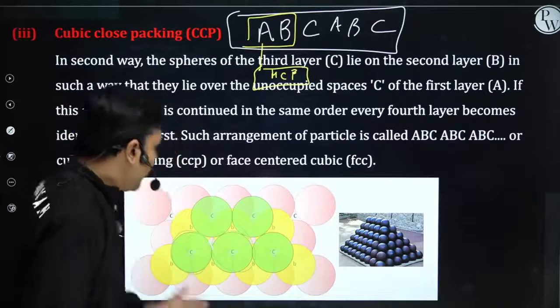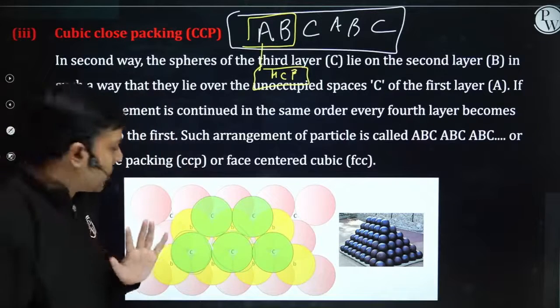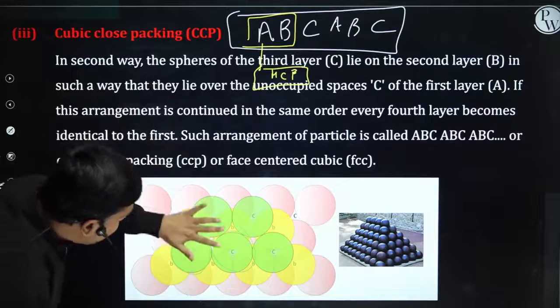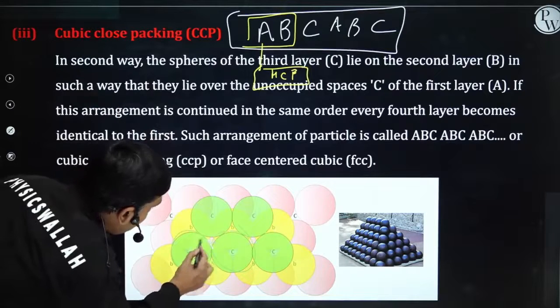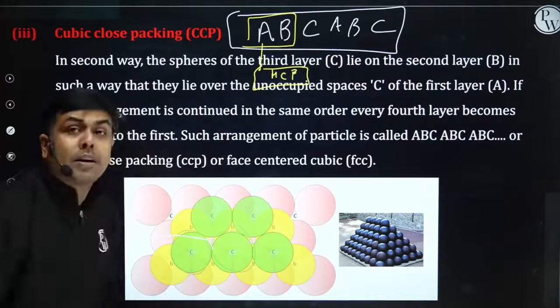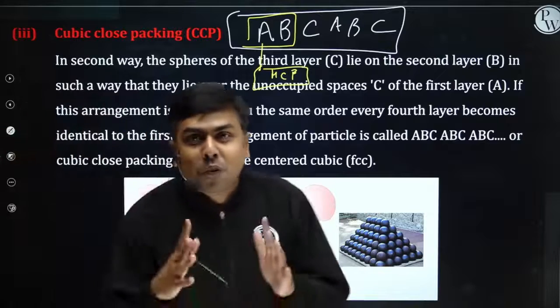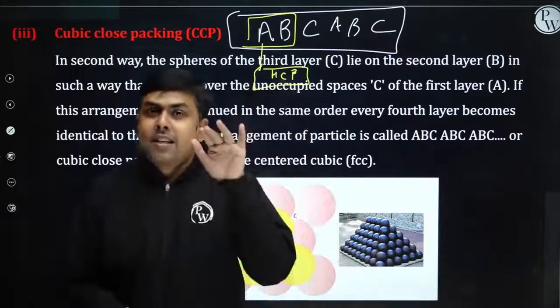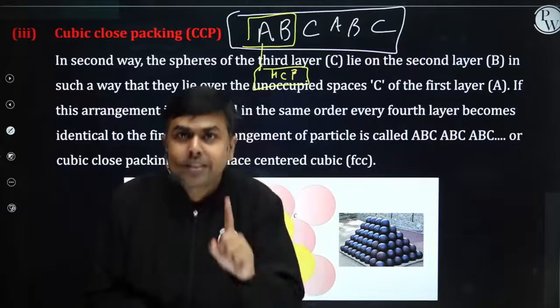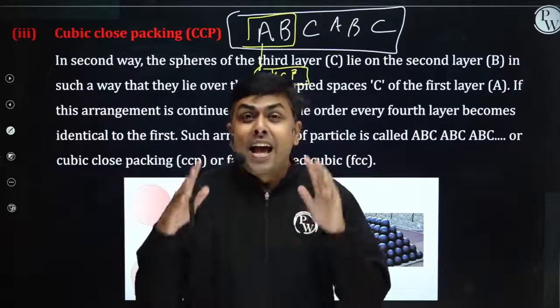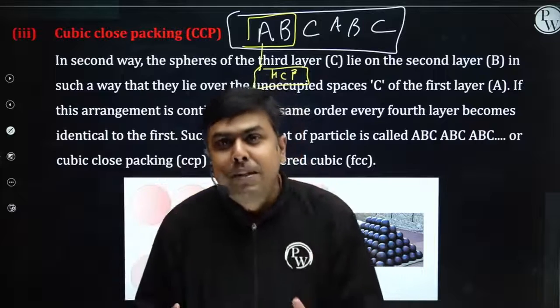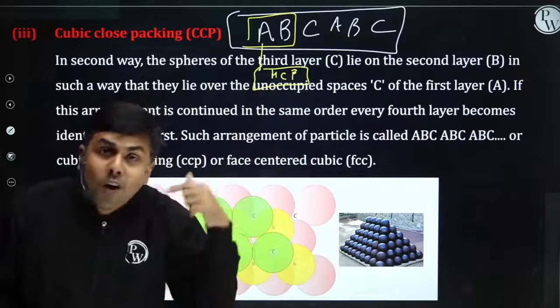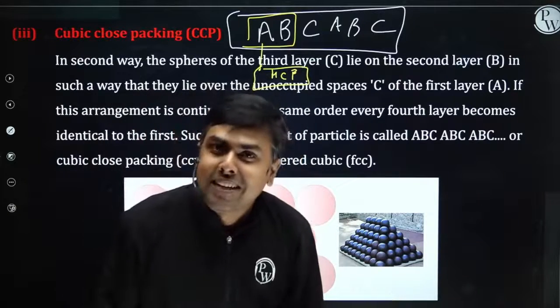Students, now in the fourth layer, how will we cover this? The fourth layer will exactly be placed on the pink voids. Basically, it's nothing but an octahedral void. So students, in ABC type packing, the layer B is placed on layer A to cover the lower triangular void, and layer C is basically placed on layer B to cover the octahedral voids. Am I clear?